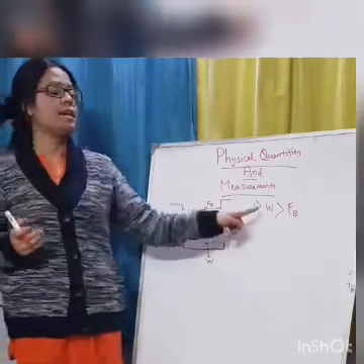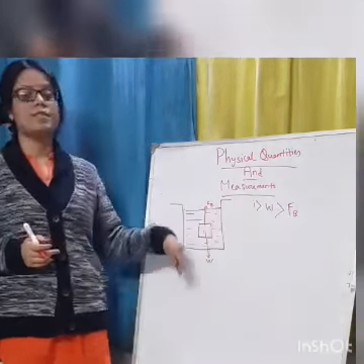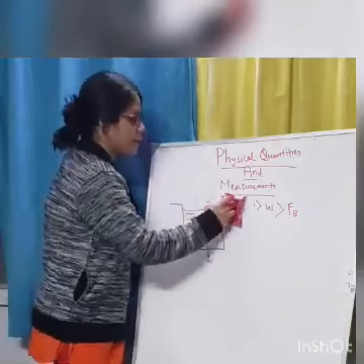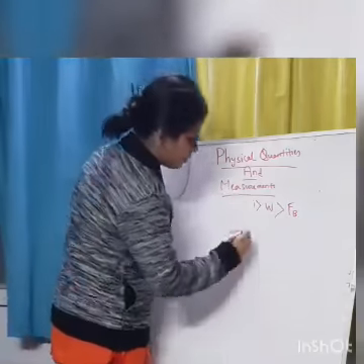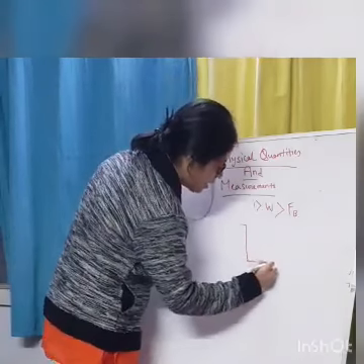If the weight is greater than upthrust, the body will sink down. So what will it look like? It will look like this.